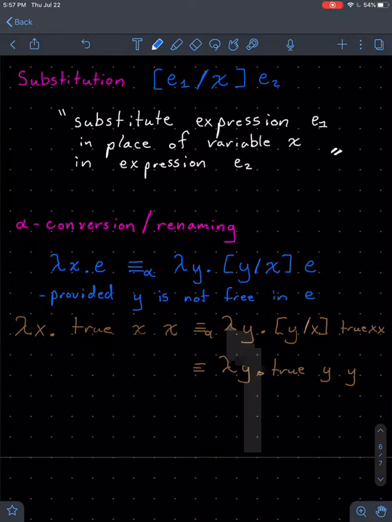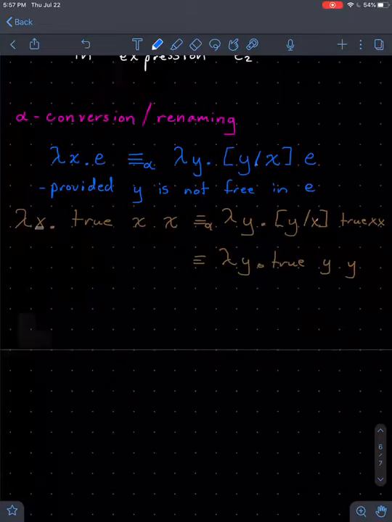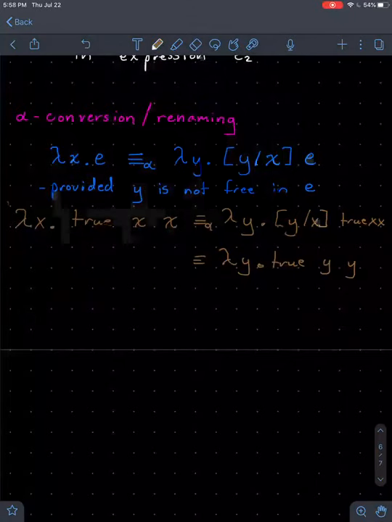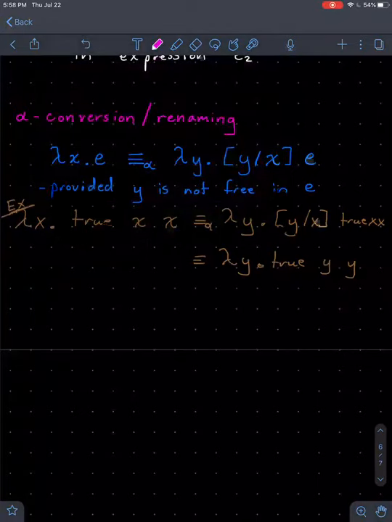We'll talk about that a little later, probably. But it basically says y isn't allowed to already be in E. E can't contain any y's if we do this. Otherwise, it would give y too much meaning inside of E. Everyone with me so far? Good example there.